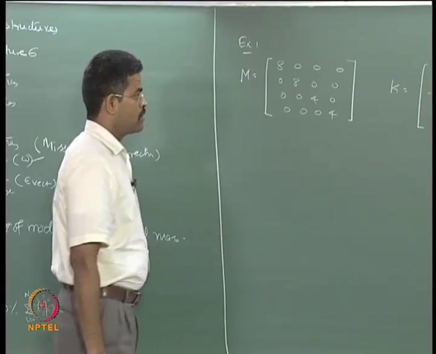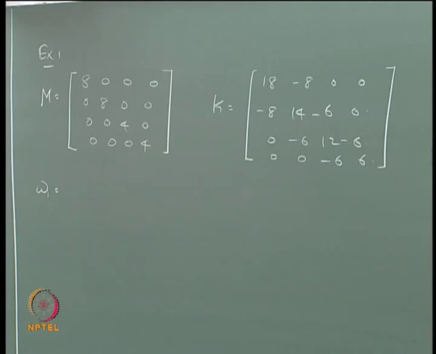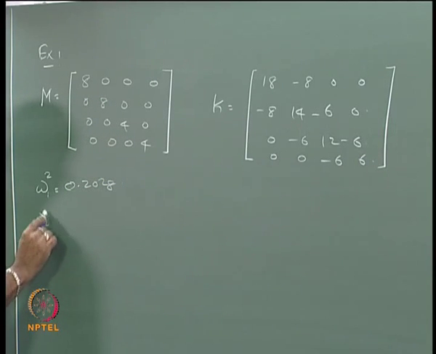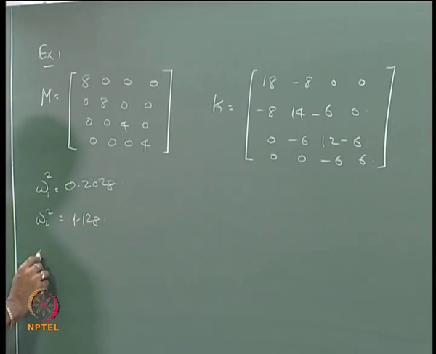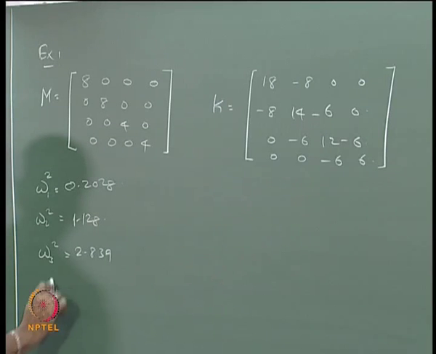As I solve this using a classical eigensolver, let us say I get the frequencies and mode shapes as follows. Omega 1 square is 0.2028, omega 2 square is 1.128, omega 3 square is 2.839, and omega 4 square is 4.